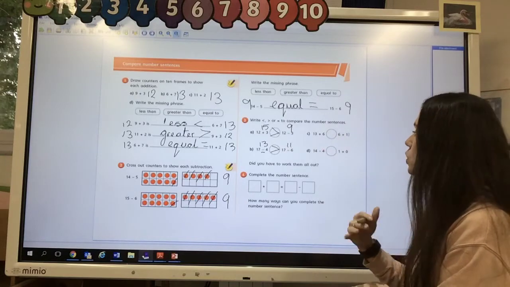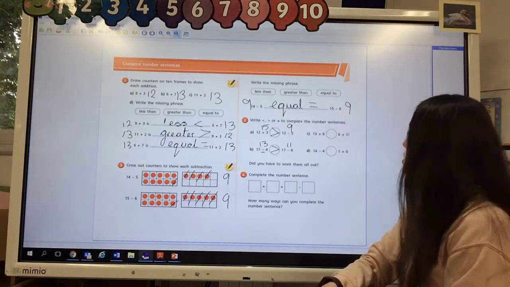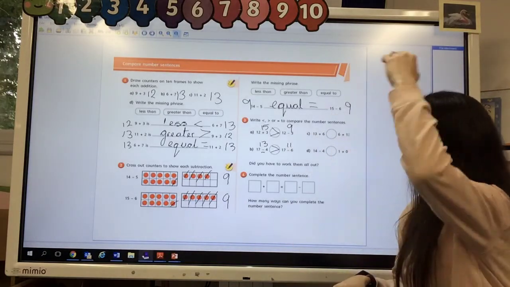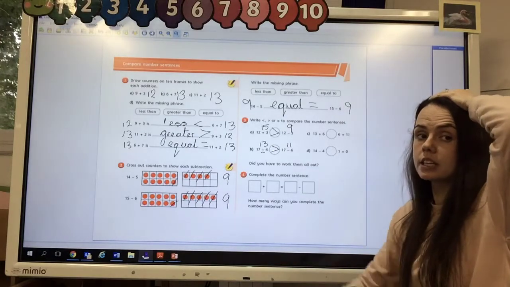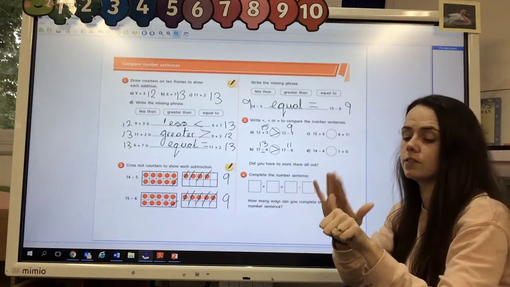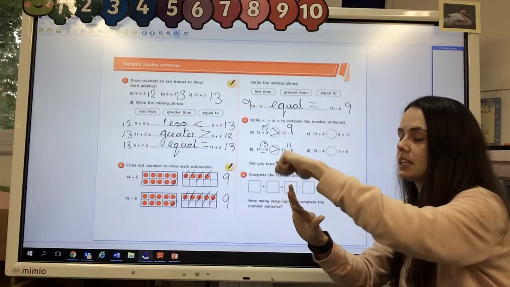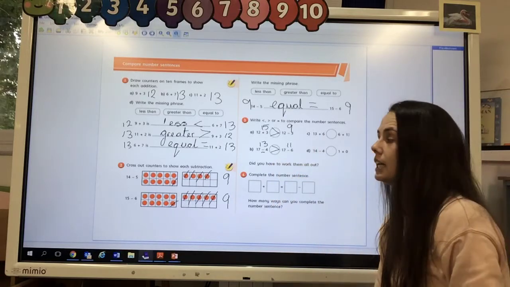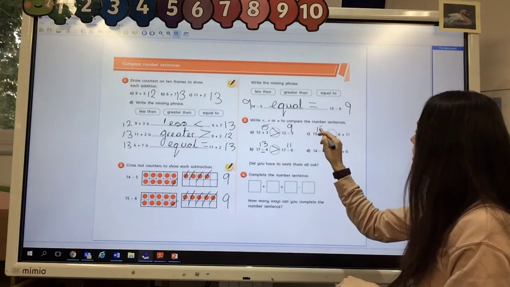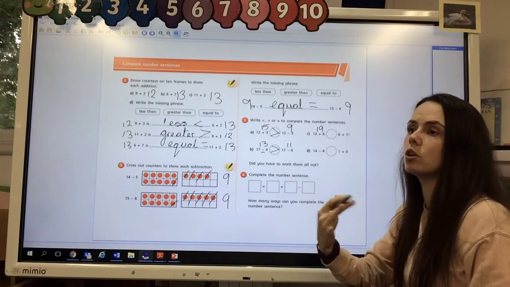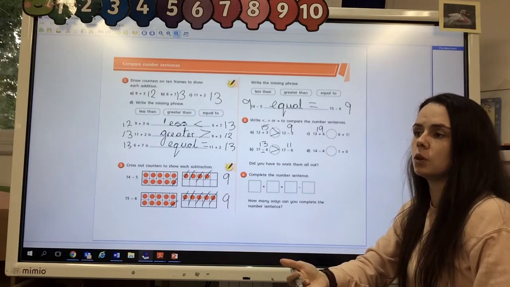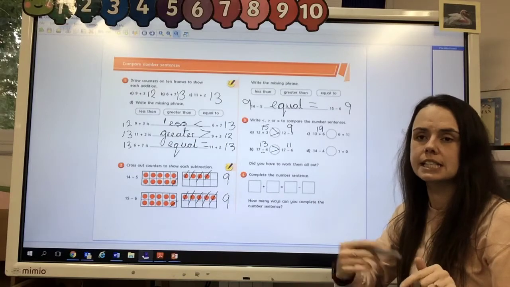Up here. 13, add on 6. So we've got 13 in our head, and we're adding on 6. 13, 14, 15, 16, 17, 18, 19. Now this time we've got 6 add on 13. What do we know about 6 and 13?